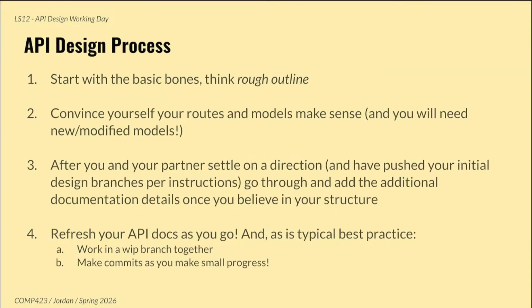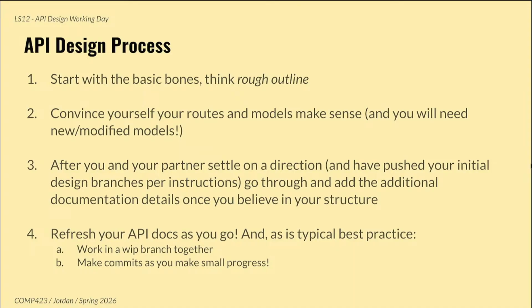All right. So now, before you all get to working as pairs on your API design, I want to give you a couple pointers for how to approach this. One, we kind of intentionally dump a lot of information on you, the stories and then some things about documentation, and we don't give you all the details like you might expect. Part of the design process is really stubbing your toe on some things and realizing, oh wait, I didn't think through that particular case, or maybe I needed that extra field in my model, things like that.